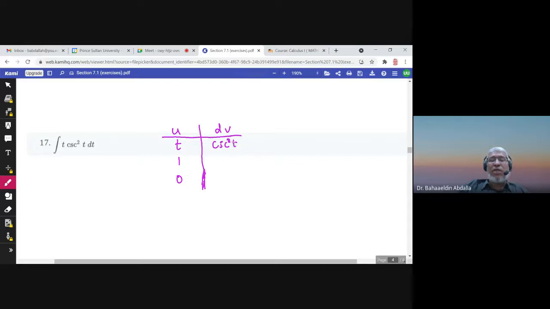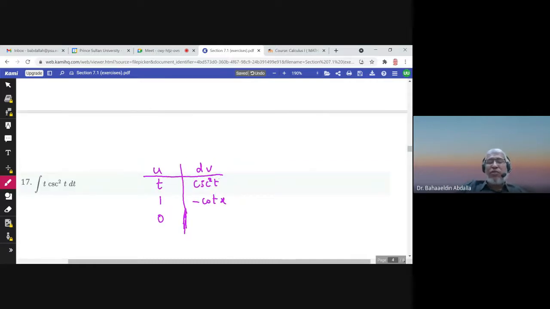Well, what is the integral of cosecant square? The integral of cosecant square is negative cotan, because the derivative of cotan is negative cosecant square. And now we need the integral of cotan.